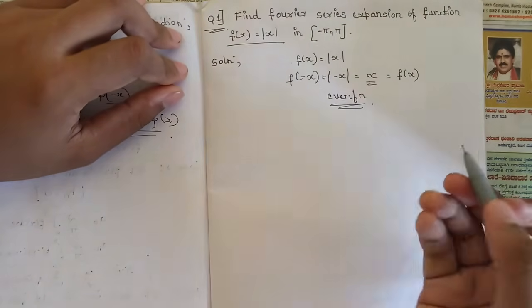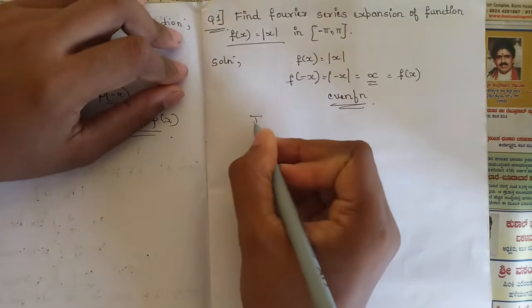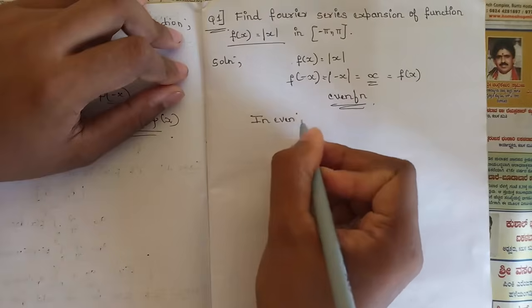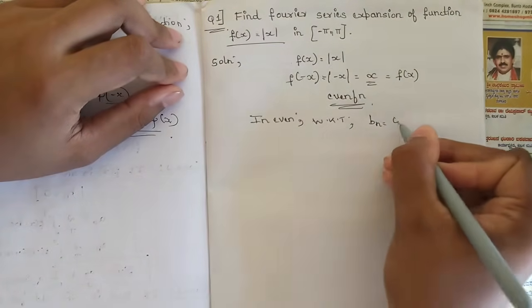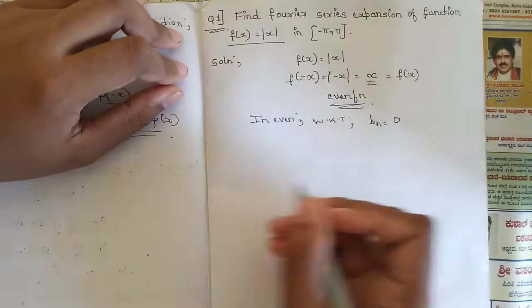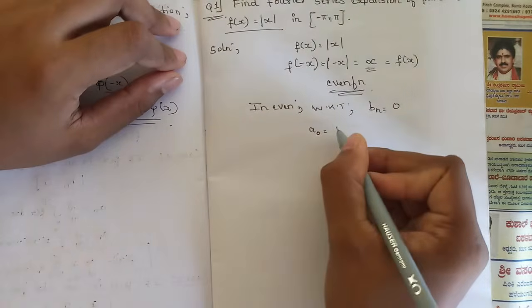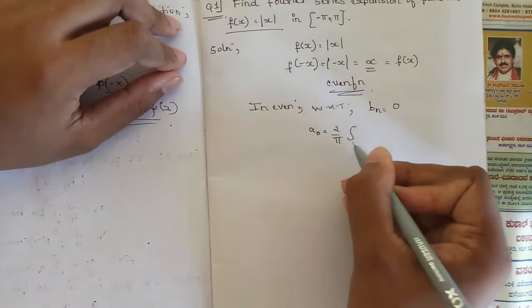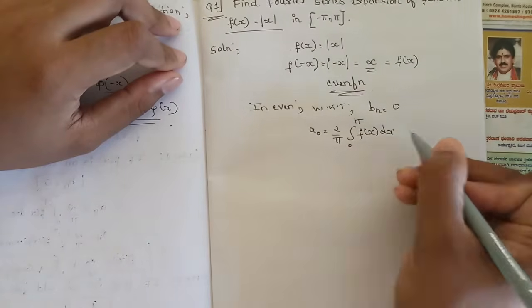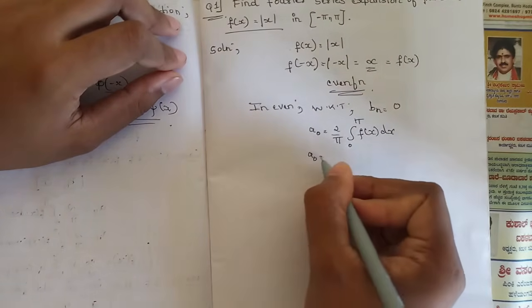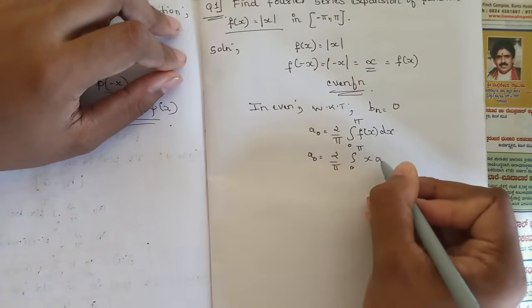In an even function, we have studied the formulas for the Fourier coefficients; we'll write them. In an even function, Bn is equal to 0. Now, without wasting time, we'll find the other Fourier coefficients. First is a0. The formula is 2 by pi, integral from 0 to pi of f of x dx. Substituting f of x, that is 2 by pi, integral from 0 to pi of x dx.